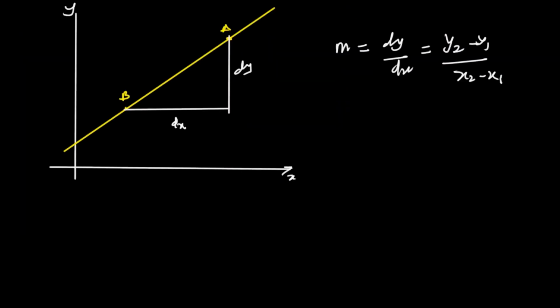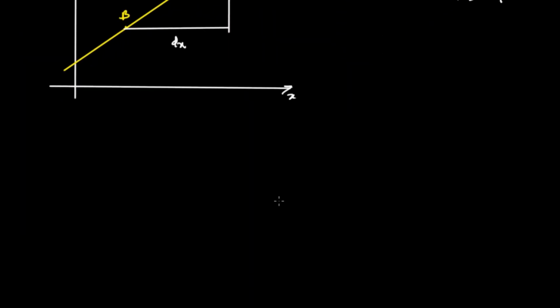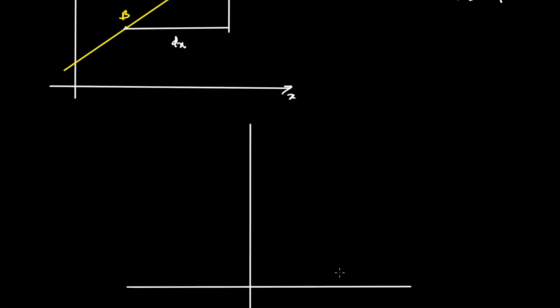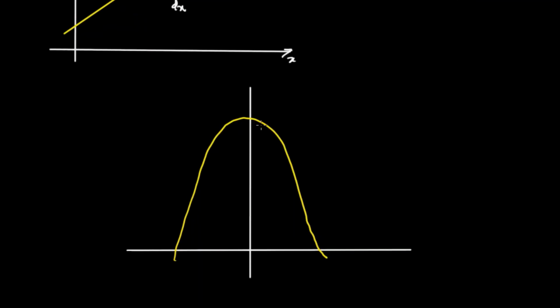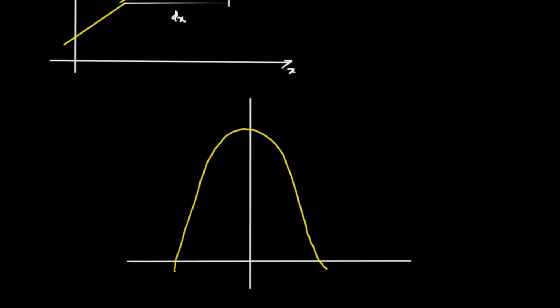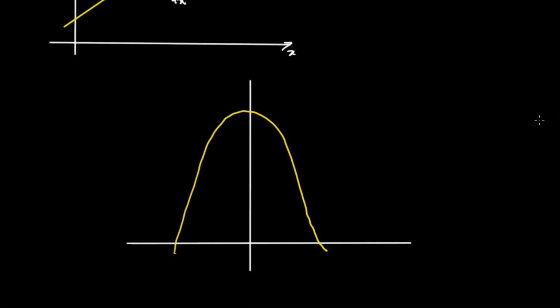Recall also that if you are given a curve instead of a straight line, let's look at a quadratic graph. Say I have a quadratic graph of this form and I'm to find the slope. Unlike in the case of a straight line, where we can look for the slope at any point, whenever we are looking for the slope of a curve, it's usually at a point of reference.